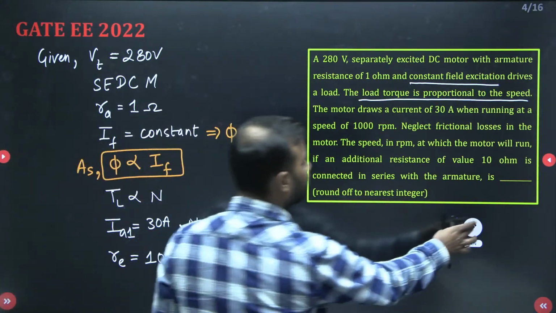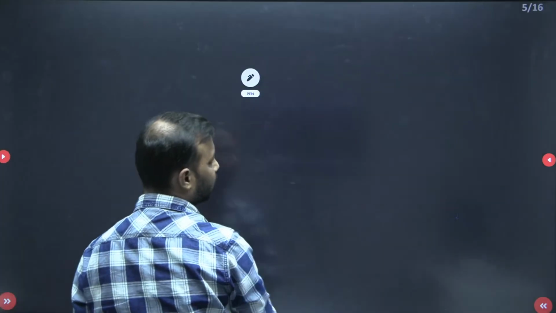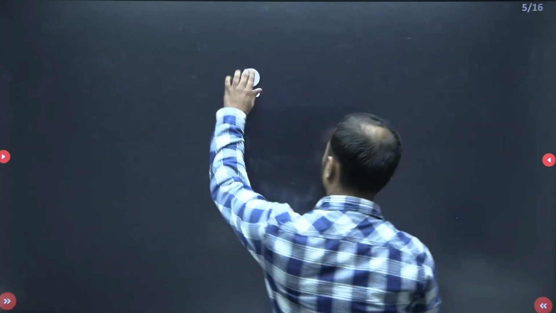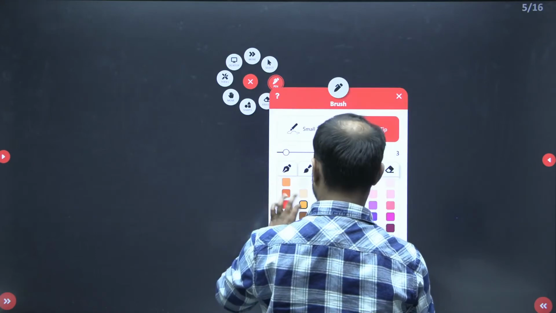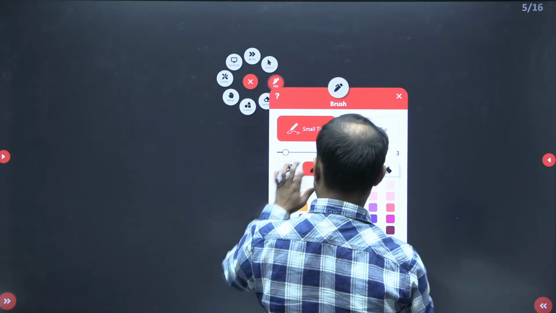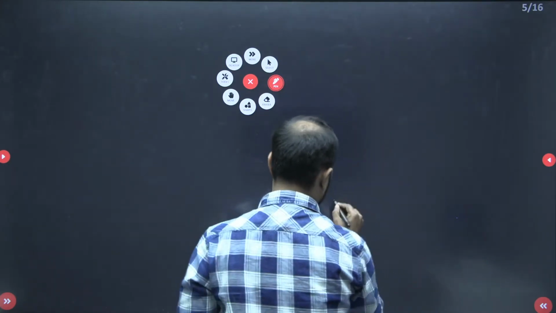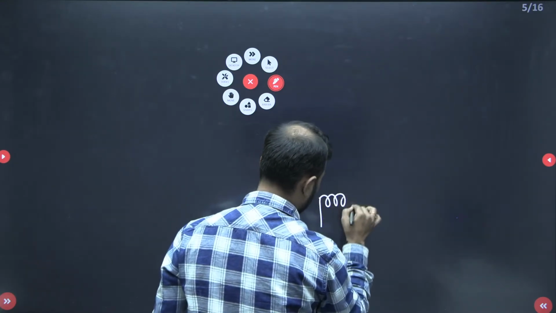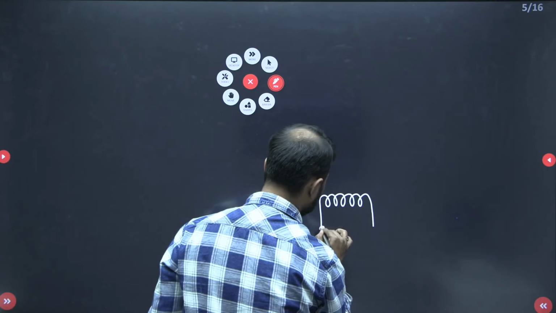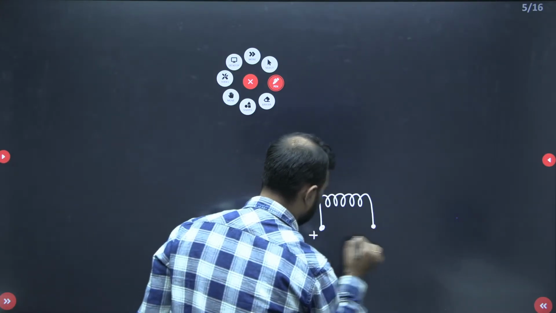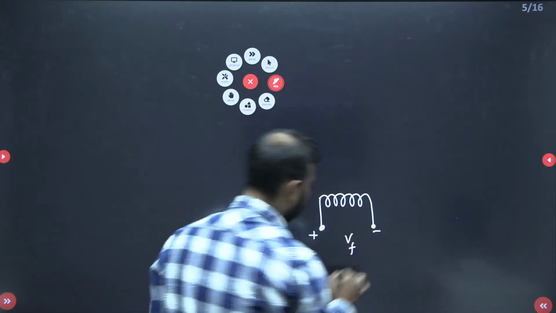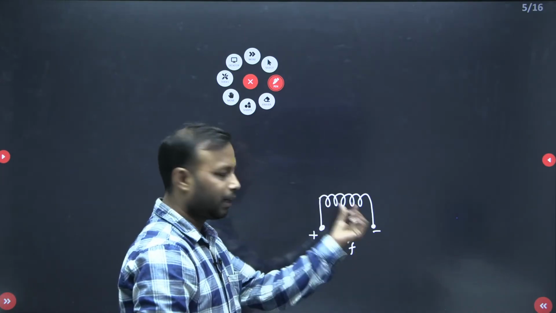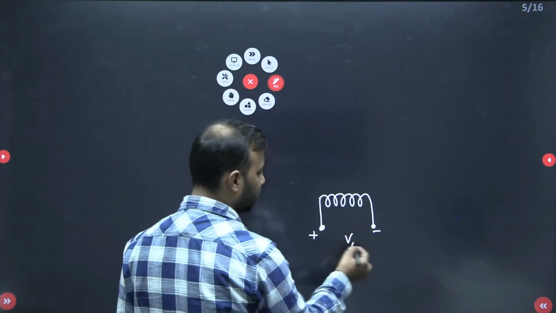Before that, let me draw the equivalent circuit of the separately excited motor. So this is your field winding, VF, and we know that in the stator the field winding is DC. So this is the DC supply.